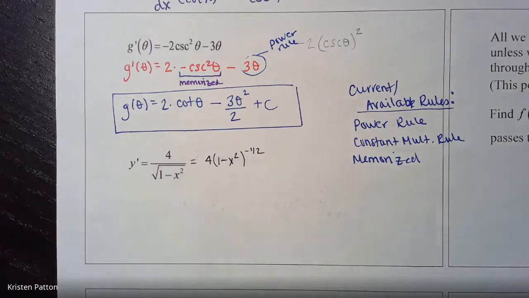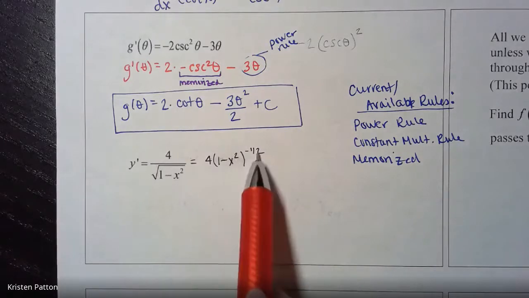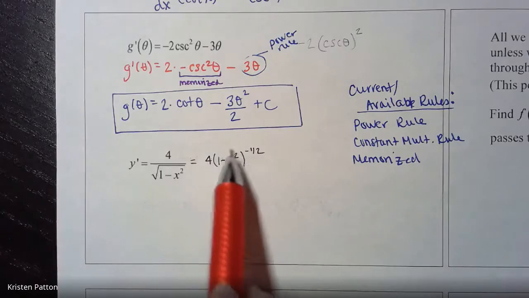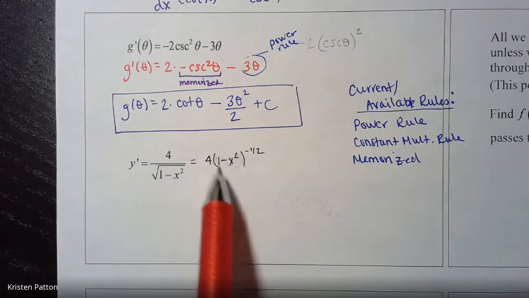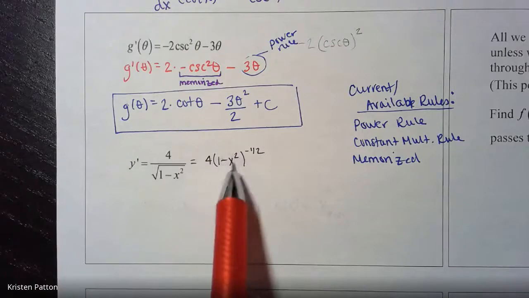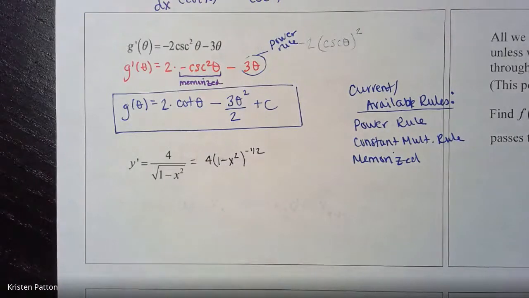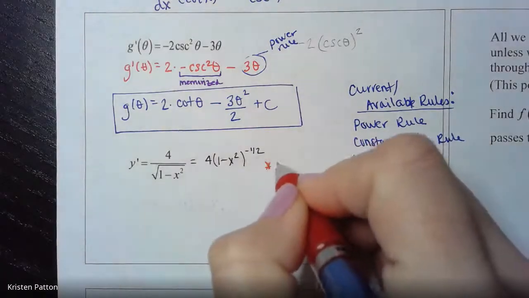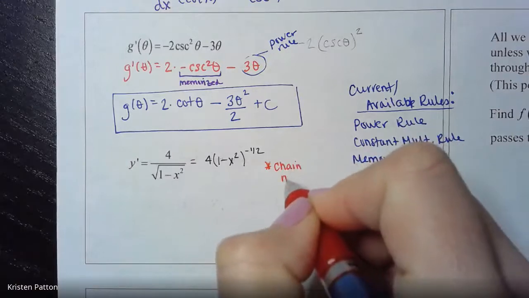The problem I see is that if I just try to use the power rule, I've got this thing on the inside that's not just a linear function. It's a 1 minus x squared. And so we'd use the chain rule there. And Mrs. Patton just says we don't have a reverse for the chain rule. That's a huge red flag for us. So I'm going to just write down chain rule question mark. We don't have a rule for that.